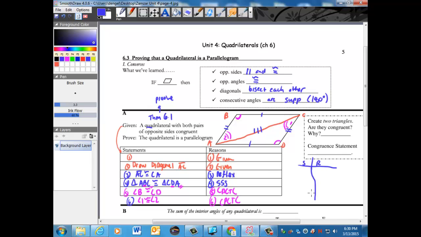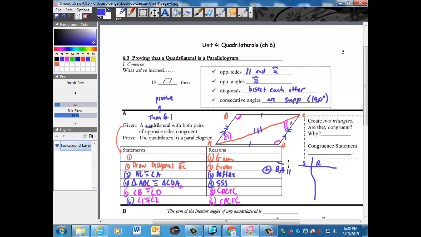And let's keep going. All right, statement 7. What can we say next? Well, since these two angles are each congruent, then what I now can say is that BA is parallel to CD. And let's just get that down and then I'll explain why.